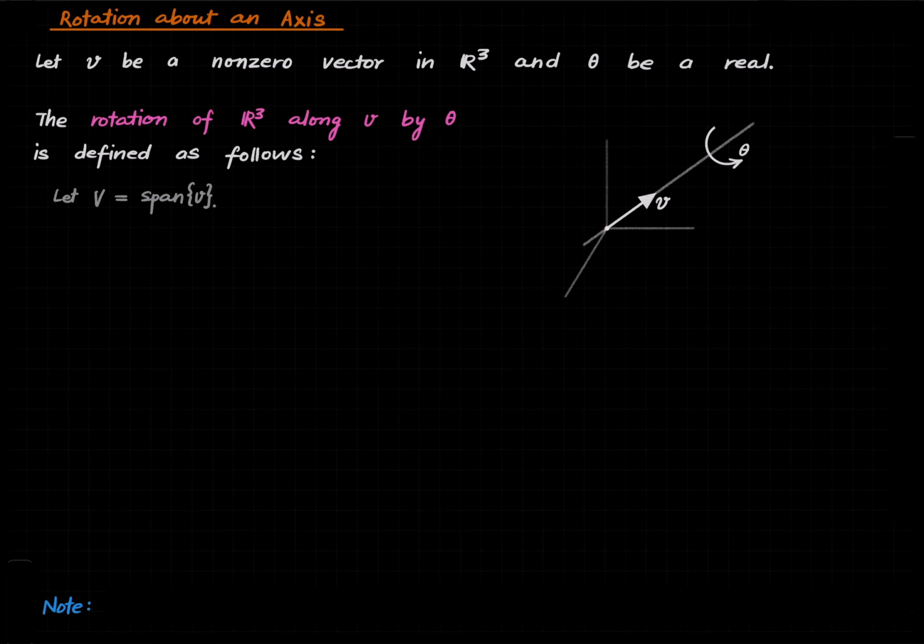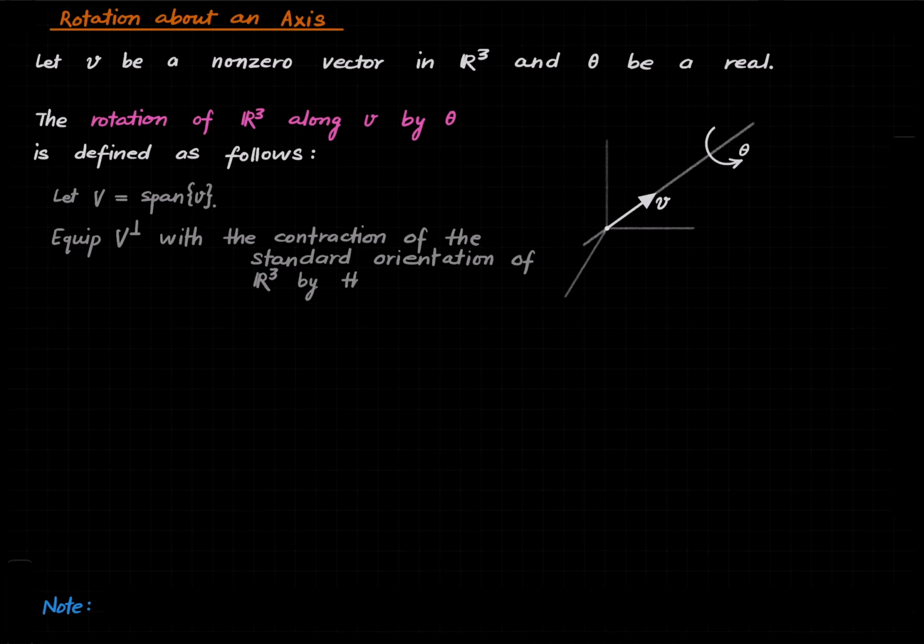So equip V perp with the contracted orientation, the contraction of the standard orientation of R3, where the contraction is done by the vector v. Let me just say with respect to vector v, I hope you understand.